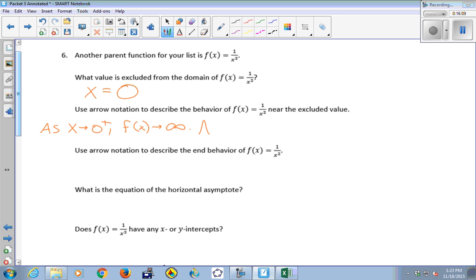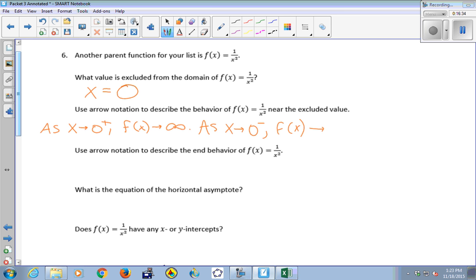Let's see, what happens as x approaches 0 from the left? So now we're plugging in tiny, tiny numbers for x, tiny, tiny negative numbers like negative 0.1, negative 0.01. But what happens when you square a negative number?